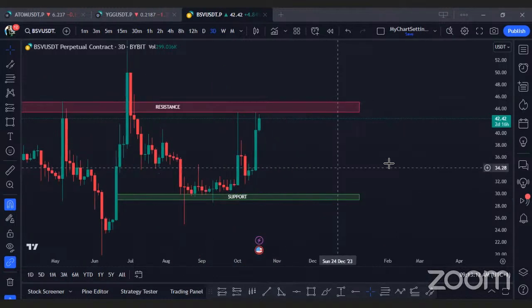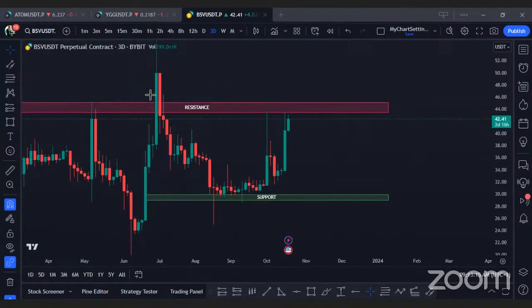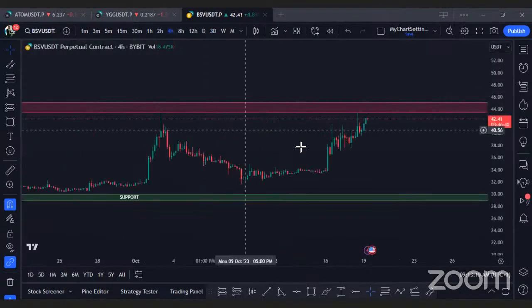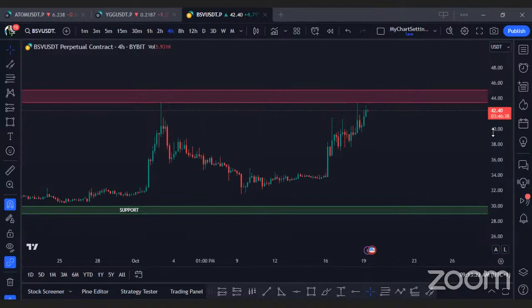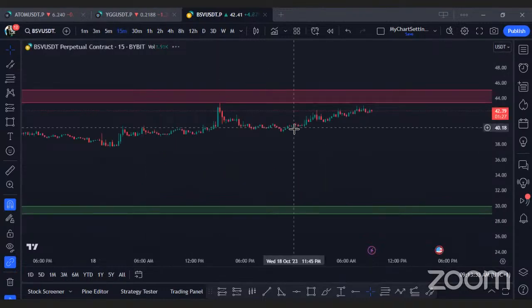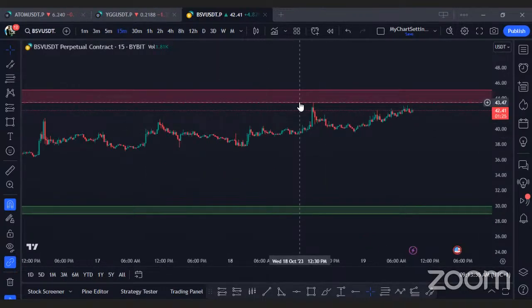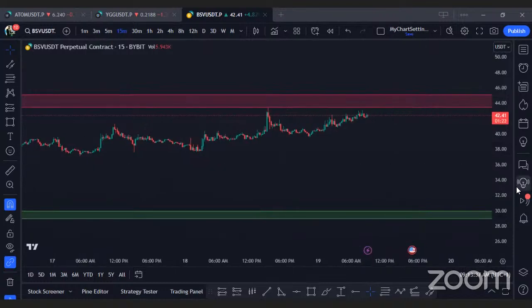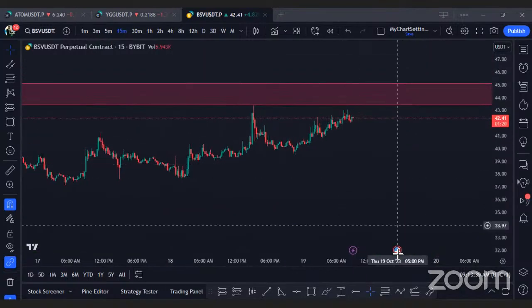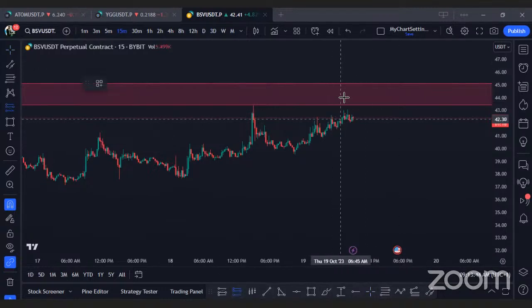So for BSV, I'm looking for a short for this trade, guys. Maybe I should just enter BSV now. Maybe I'll DCA into it, but I'll enter with a market order now on short. Set a limit order at 43. Short BSV at $43.